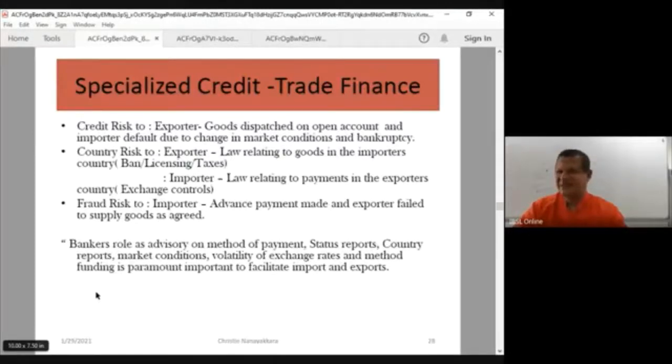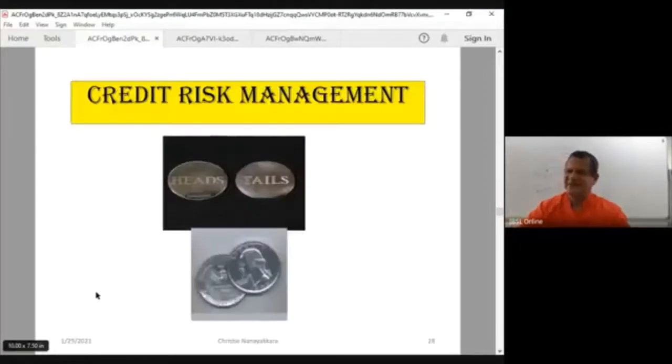So in this area you need to have special knowledge, because the risks are not only counterparty risk and concentration risk, it has country risk, and fraud risk also comes into play in this particular type of credit. With that, we conclude the credit management side of it.